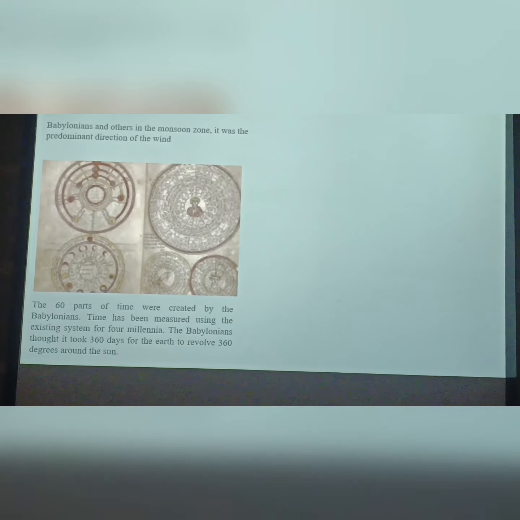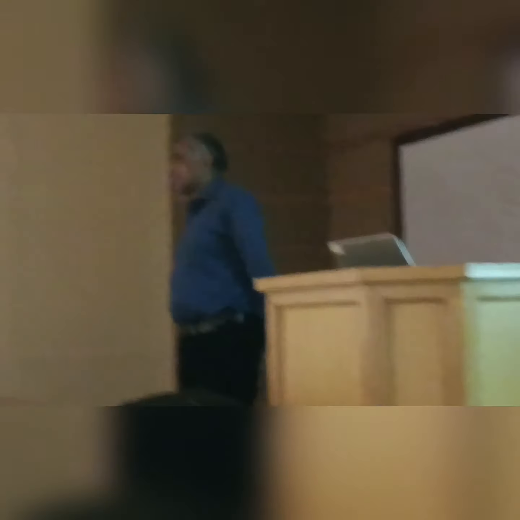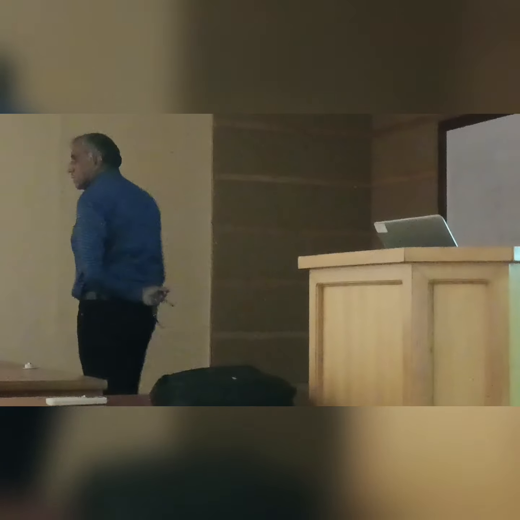And the 60 parts of time were first discussed by Babylonians. And for the Egyptians, they used these constellations to predict the flood in the Nile.